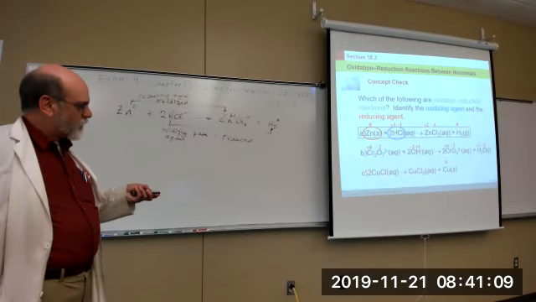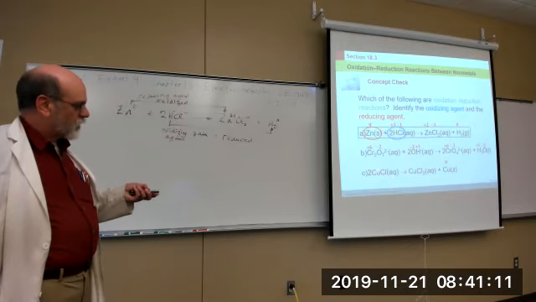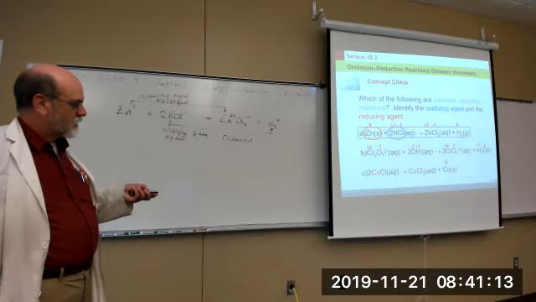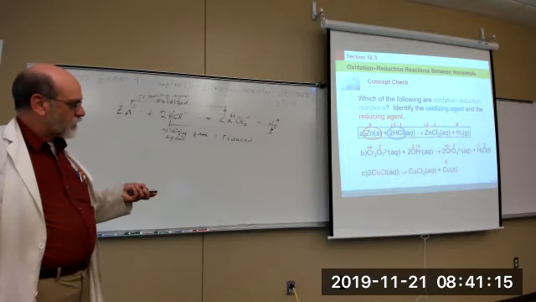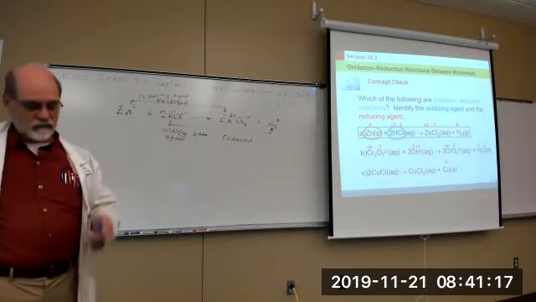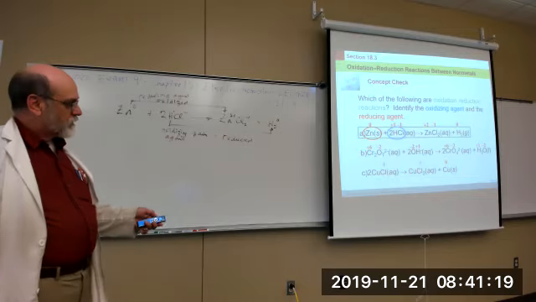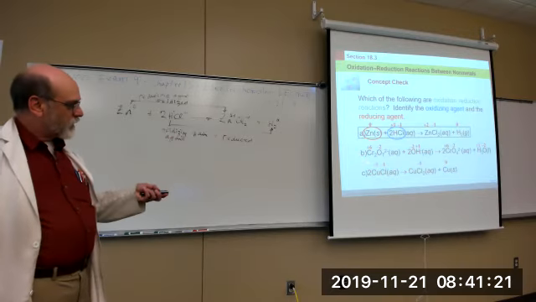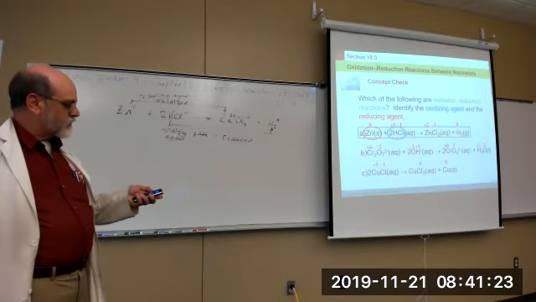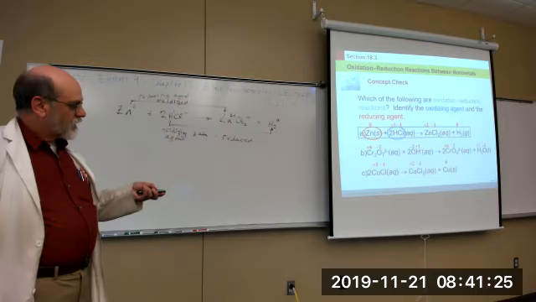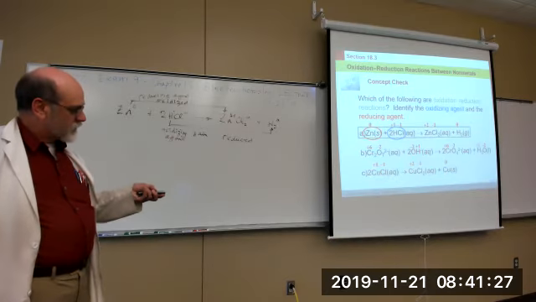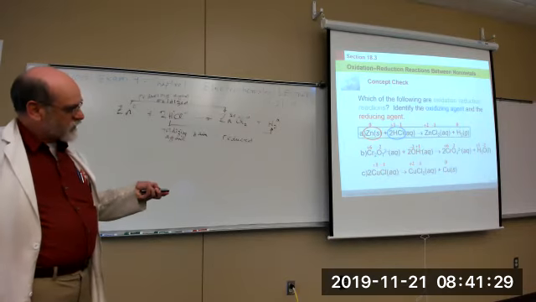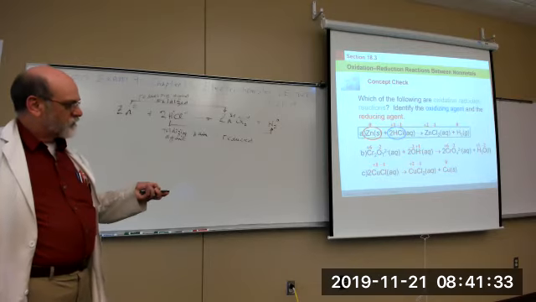But notice what happened. We had 2 coppers over here. What's the oxidation state on that copper? Well, if this is a -1, then that one has to be a +1. Right? So this copper is a +1, but it goes 2 different directions. One of these coppers, see there are 2 of them? One of these coppers ends up at +2, and the other one ends up at 0.